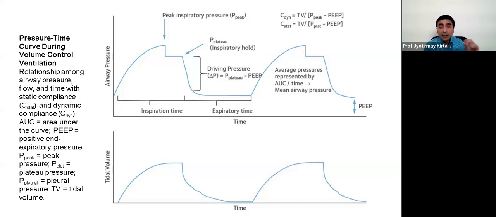Under the circumstances I told you, all mechanical breaths, no severe airway obstruction, an inspiratory pause built in, you can assume that the plateau pressure equals the transpulmonary pressure, which is transmitted to the ventricle and influences the filling of the right ventricle. That is why, if you have a very high plateau pressure, a very high driving pressure, your right ventricular filling would get reduced.